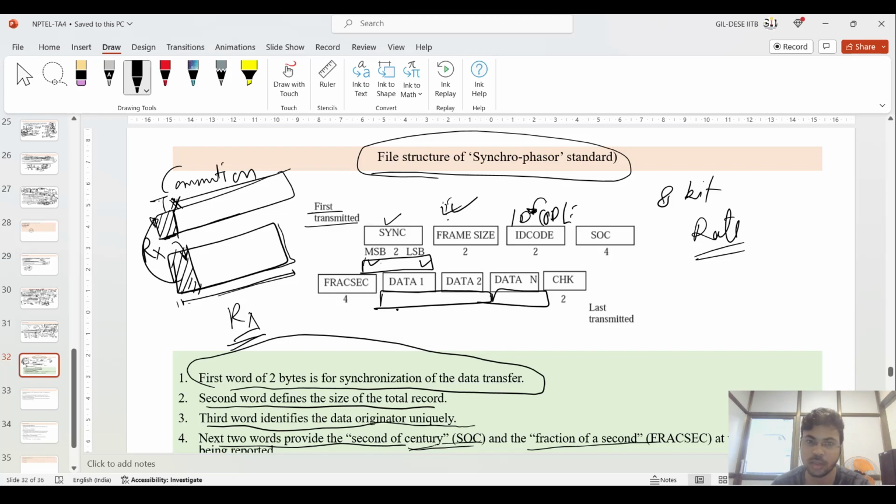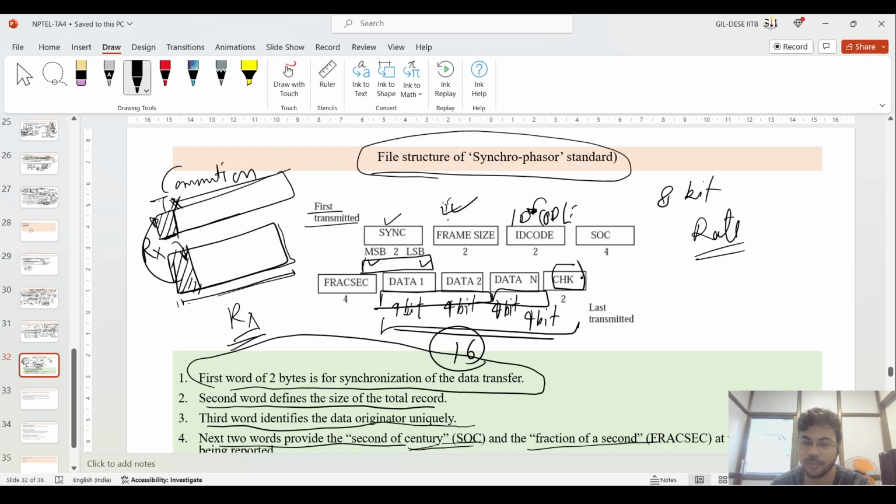After that the data is there: data 1, data 2, data n. Suppose you have 32-bit and you are sending 4 bits at a time, so you have 4-bit, 4-bit, 4-bit and 4-bit; if you want to send 16-bit, then that kind of data structure frame will be there.